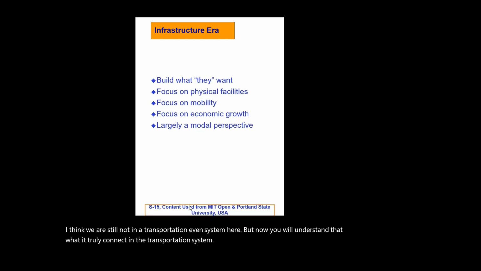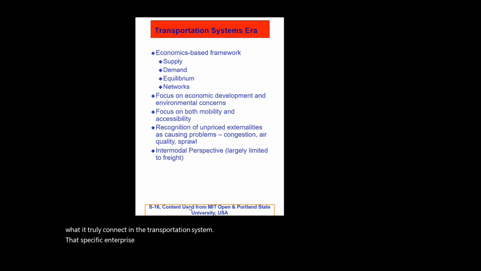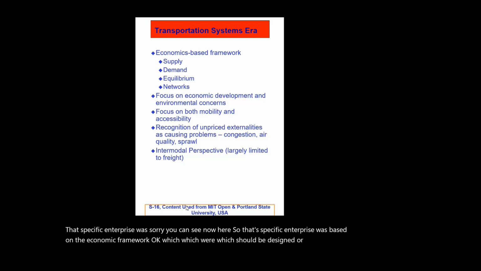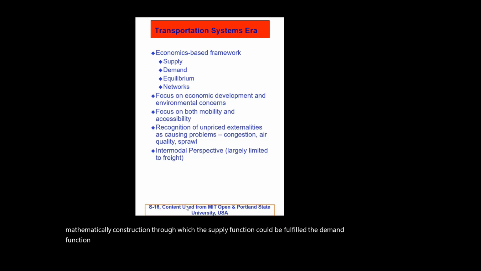That specific enterprise was based on an economic framework, which should be designed mathematically, through which the supply function and the demand function could be fulfilled. We could also bring equilibrium, or balance, within the system and the networks.